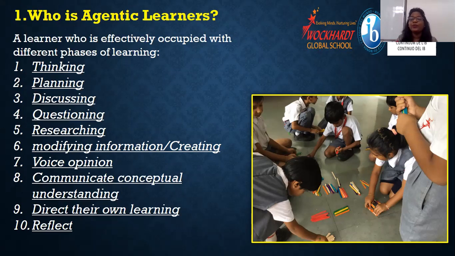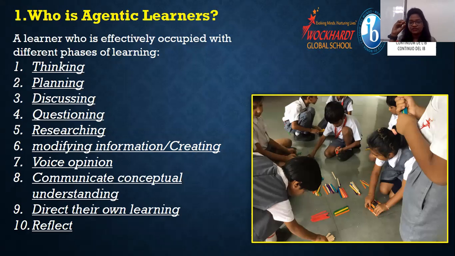When they voice their opinion, when they communicate conceptual understanding, when they are clearly able to communicate to a teacher what they have understood, when they direct their own learning, when they choose that this is what I want to learn and this is how I want to learn, and after all this, when they are able to reflect, this is an agentic learner who has agency.